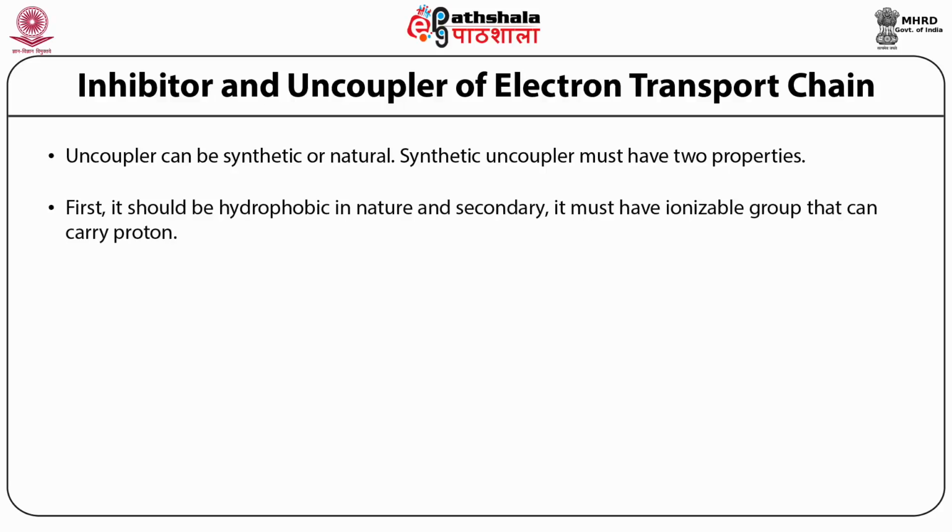First one, it should be hydrophobic, that allows the uncoupler to move through the mitochondrial inner membrane. The second one is it must have an ionizable group that allows the uncoupler to take proton from intermembrane space and transfer it back into the matrix. So we have two types of uncouplers. The first one is natural uncoupler, the second one is synthetic uncoupler.